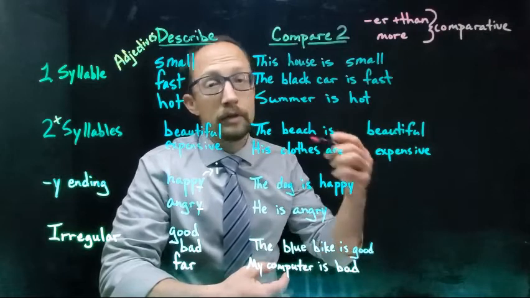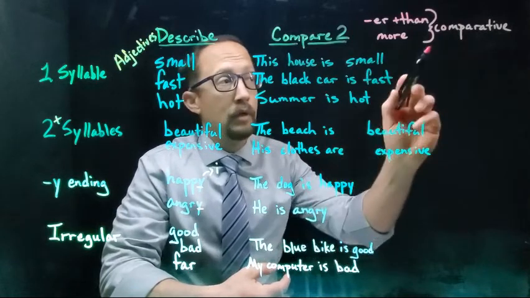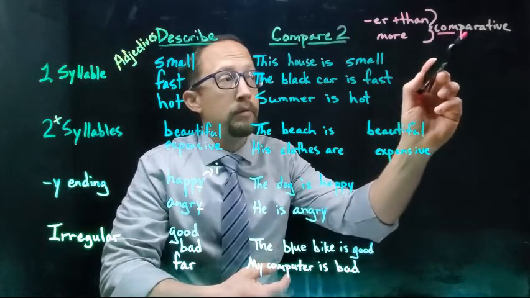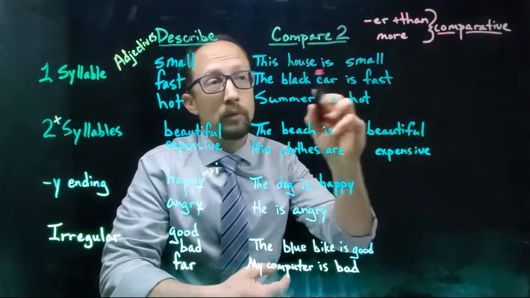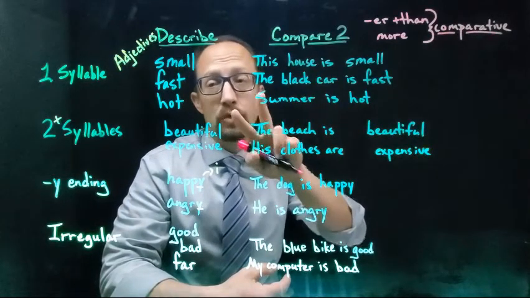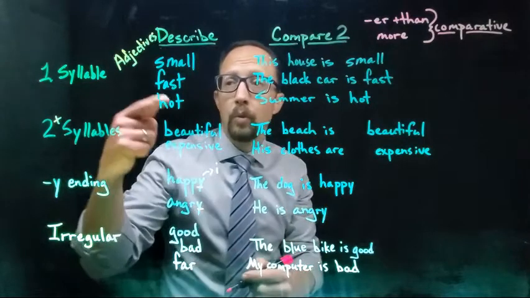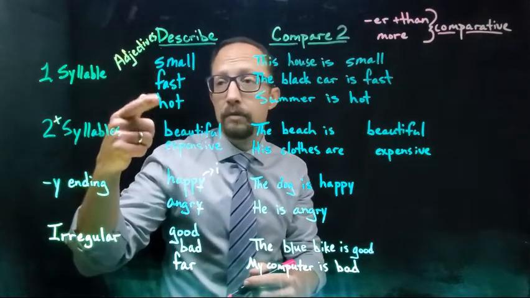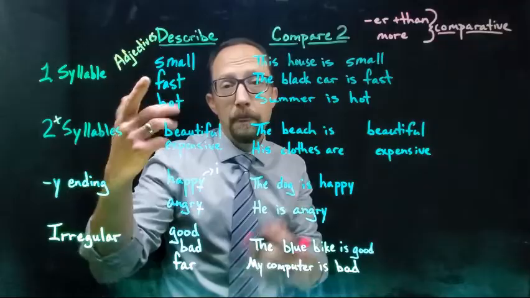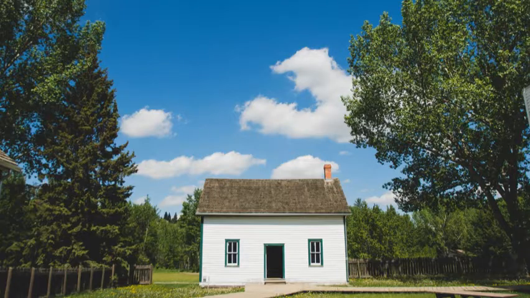Let's look at some examples of the comparative. When we compare two things, we have an adjective like small. You can say, this house is small.